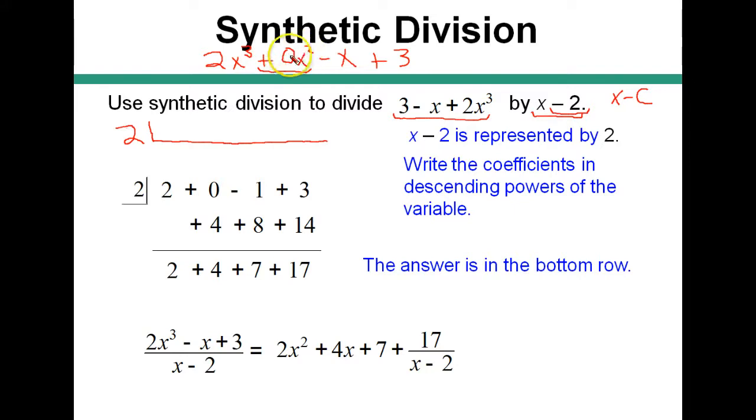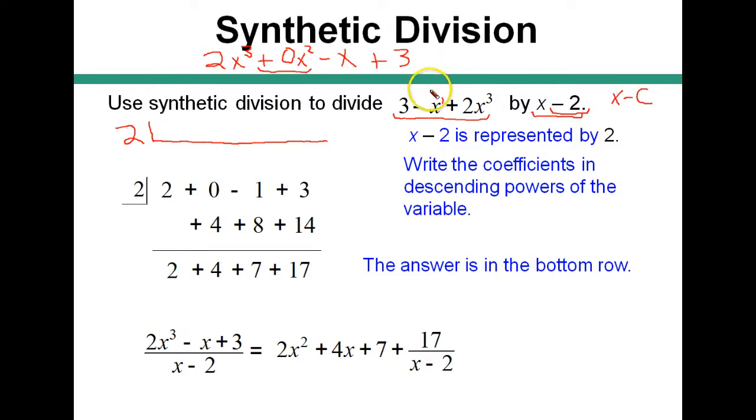Does that have any value? No, because 0 times anything is 0. And then my next term is x to the first that I'm putting right there. And then I have a 3. So I've put that in descending order with no missing degree of terms.